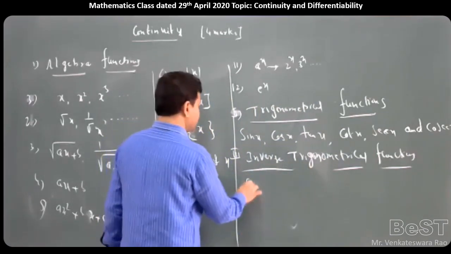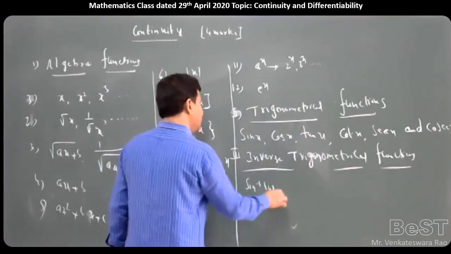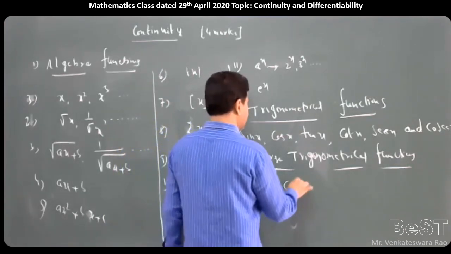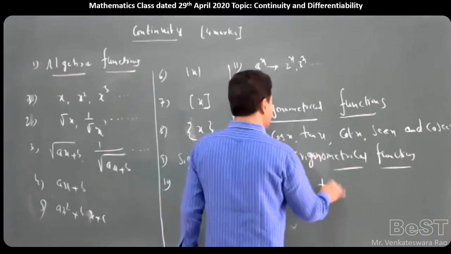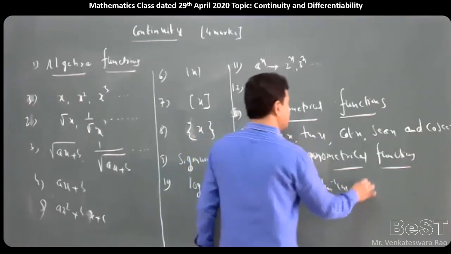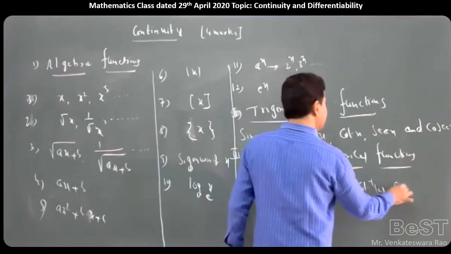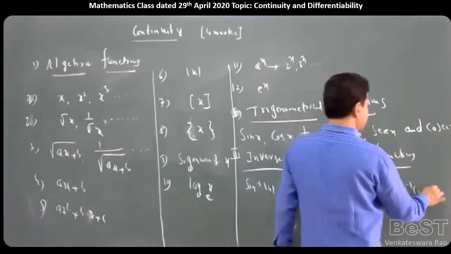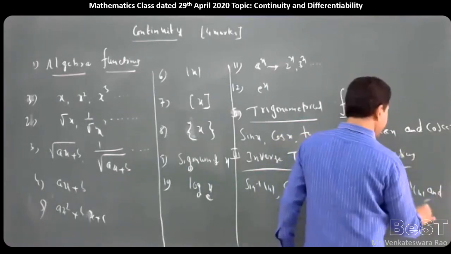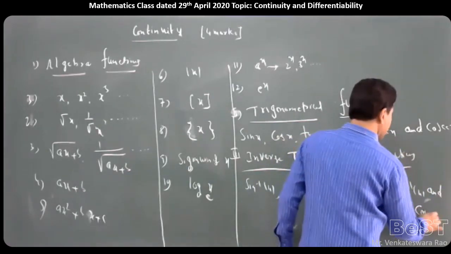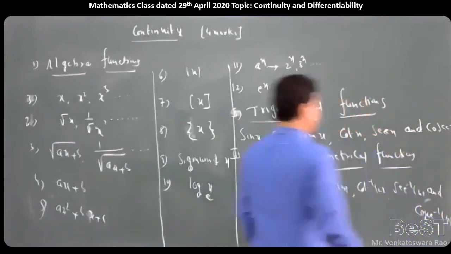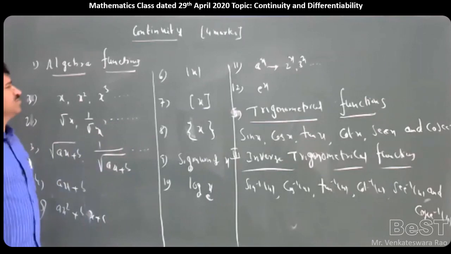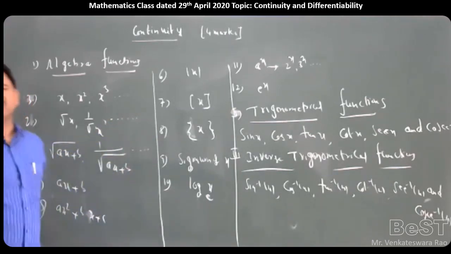Sine inverse of x, cos inverse of x, tan inverse of x, cot inverse of x, secant inverse of x, and cosecant inverse of x. Just now we completed this chapter. So we are going to use these functions, and by combining them you will get some composite functions.